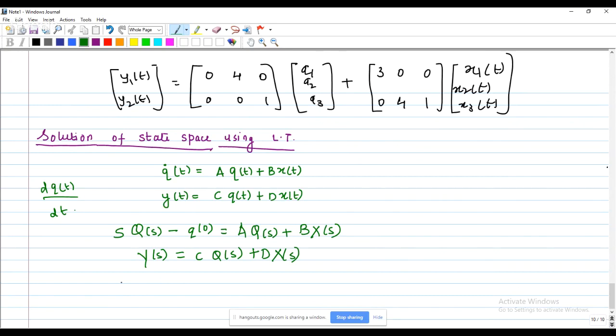Now taking q of s on one side, we get s q of s minus A q of s equals B x of s plus q of 0.